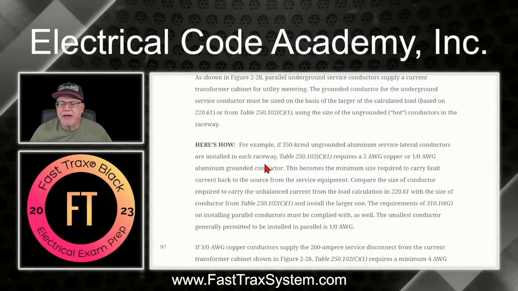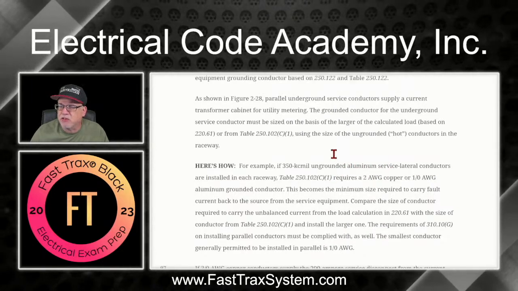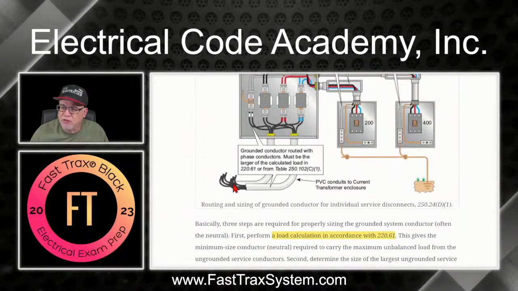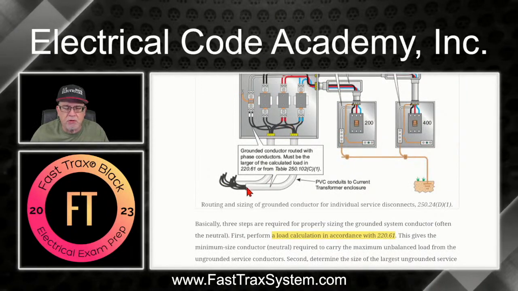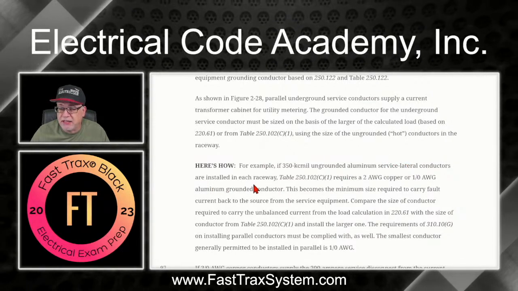All right, now, let's look at an example. So, for example, if we have 350 kcmil ungrounded aluminum, okay, let's talk aluminum, service lateral conductors. Okay, so this is service laterals coming in. We'll say that's the service lateral. Okay. I like examples, by the way. 350 ungrounded aluminum service lateral conductors are installed in each raceway.